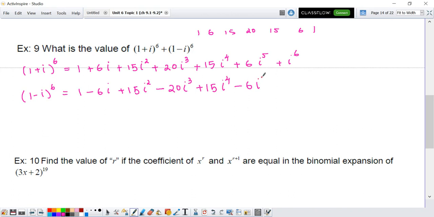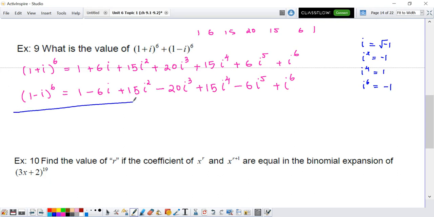Fifth power, negative. And the sixth power, positive. So what is I actually? Let's check. You should know that I is square root of negative 1. I square is negative 1. I to the 4 is positive 1. I to the 6 is back to negative 1.